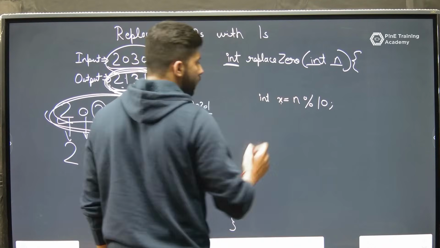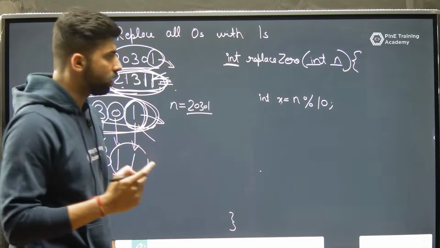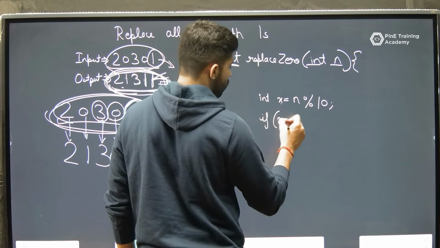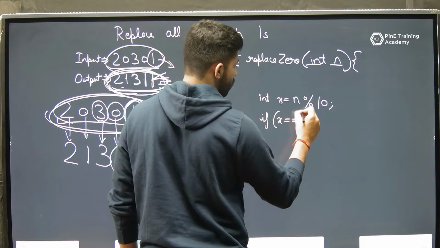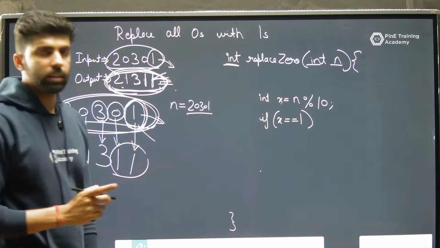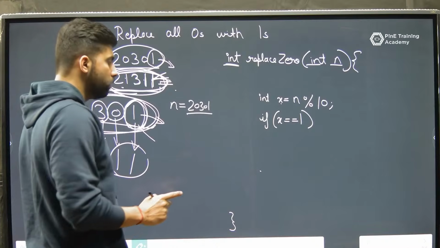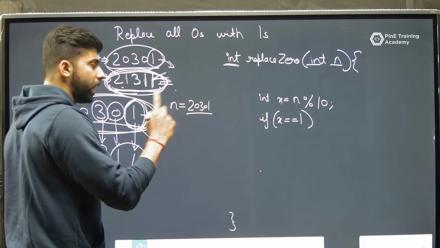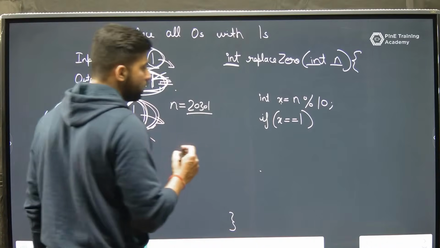Then I need to check if x is 1 or not. If x is equal to 1, in that case, I need to change that particular number, right?